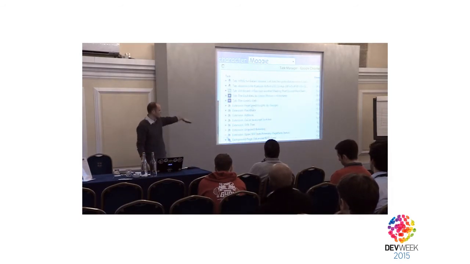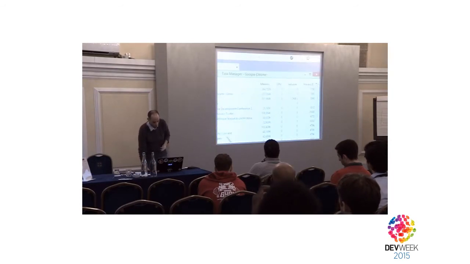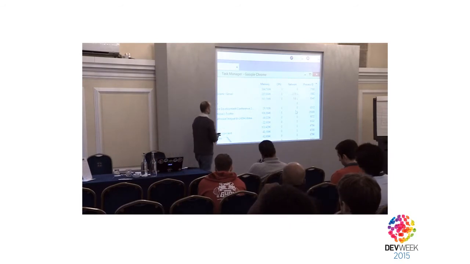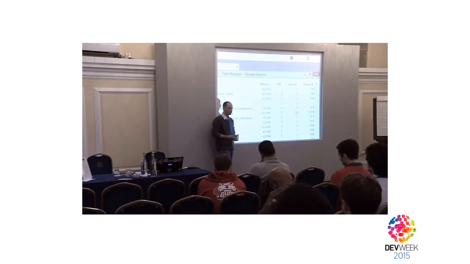You can see how much memory they take, how much network they take, how much CPU they take. And it's nice because then you can see if something is really wrong. You don't need the Task Manager of Windows or stuff like that. Just go here and you can see.